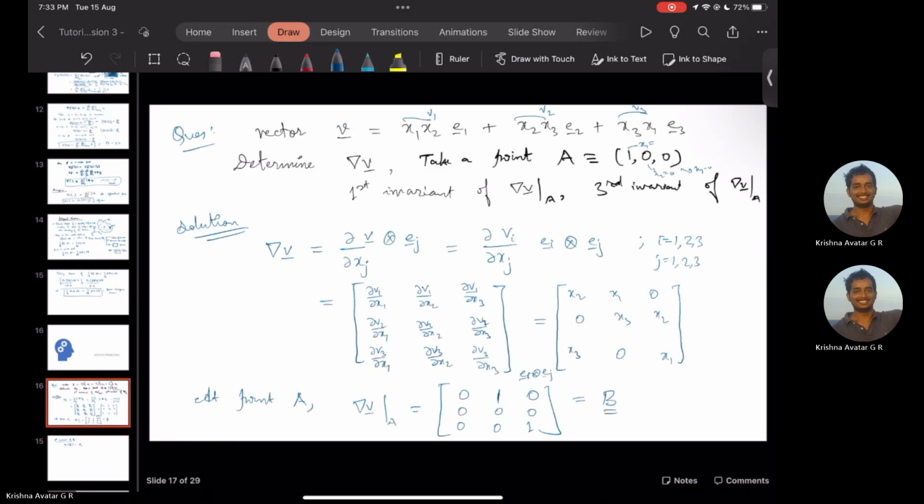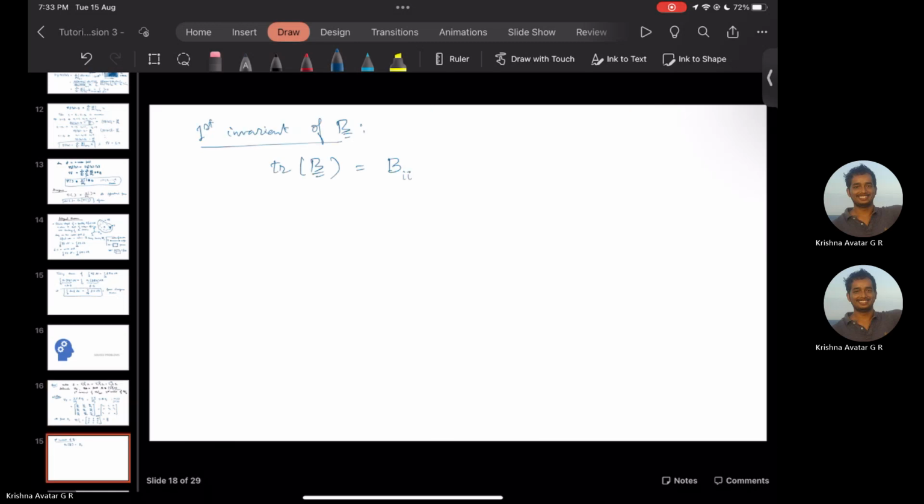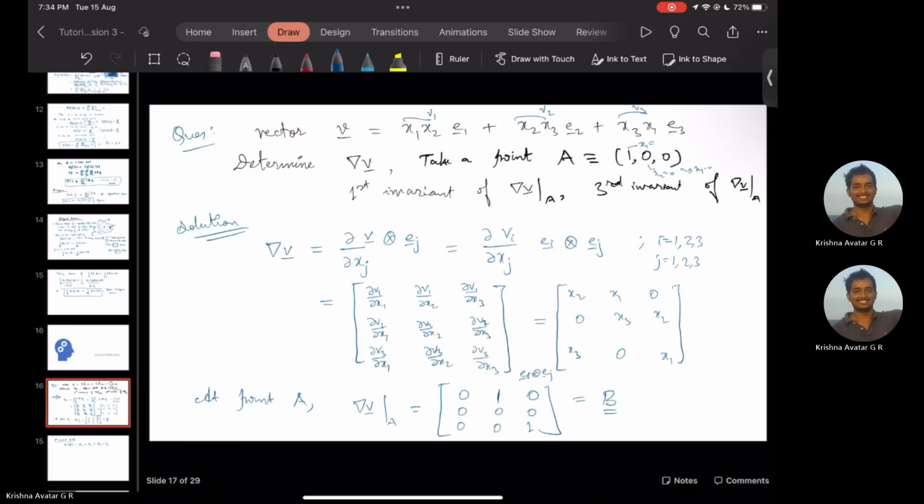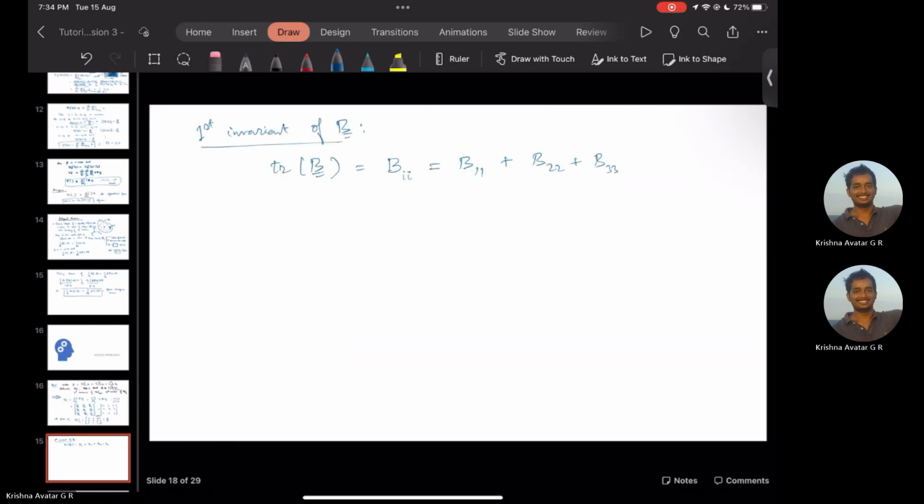When we express it fully, it is B11 plus B22 plus B33. Now from the matrix, B11 is 0, B22 is 0, and B33 is 1. So this is 0 plus 0 plus 1, which becomes 1. Right?